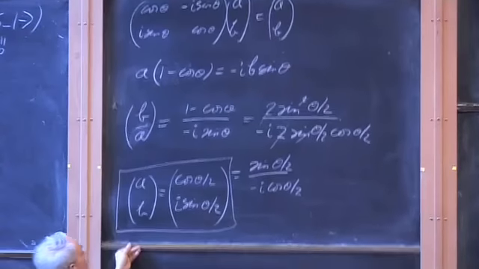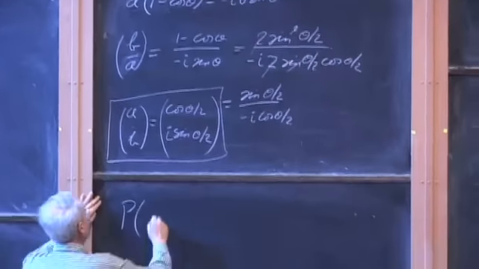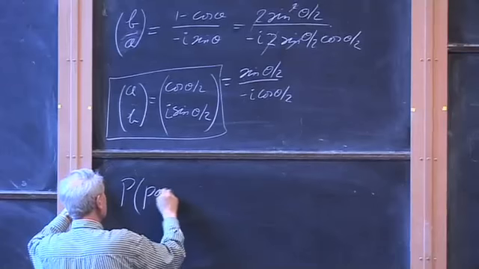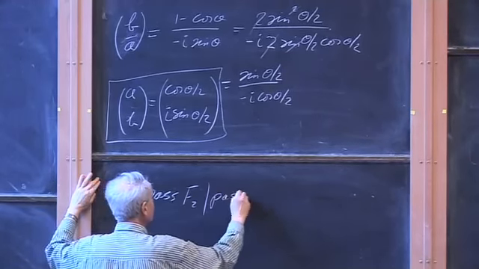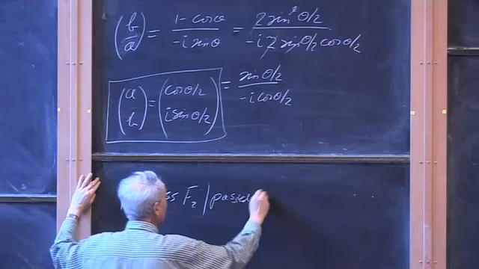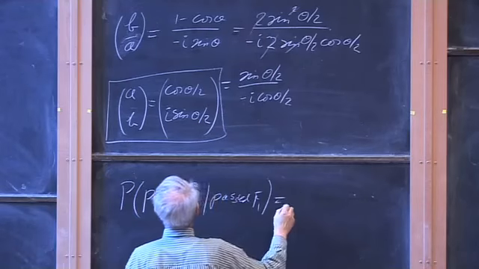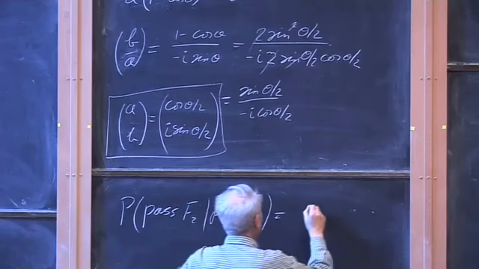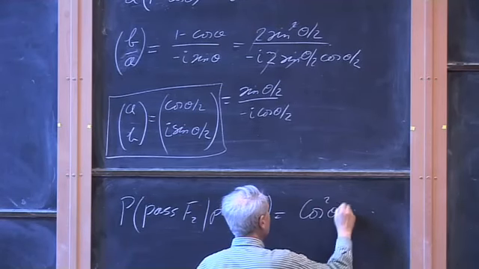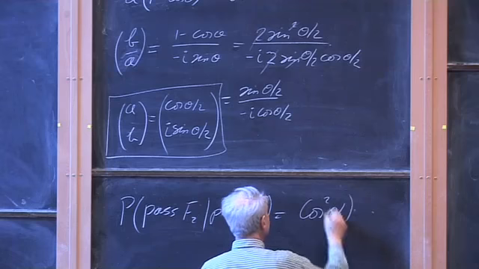So the probability that we pass F2, given that we passed F1, is actually equal to, we said it was going to be mod A squared, therefore cos squared theta upon 2.